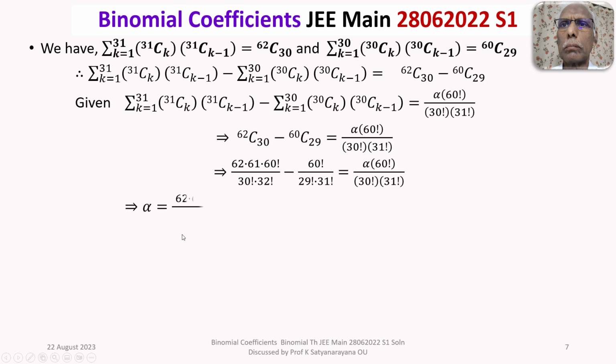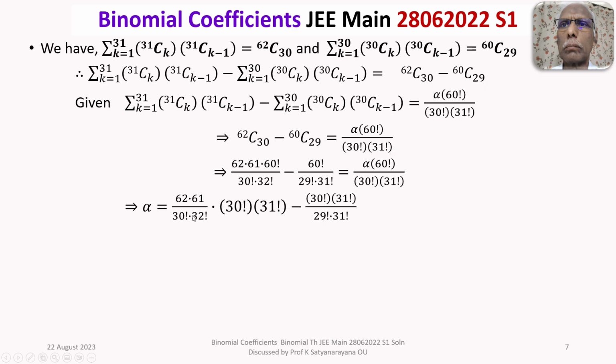So alpha is equal to 62 into 61 by 30 factorial into 32 factorial, multiplied by 30 factorial and 31 factorial. We have cancelled 60 factorial, mind you, minus 60 factorial is cancelled, 30 factorial into 31 factorial by 29 factorial into 31 factorial. Agreed. 30 factorial cancels here.